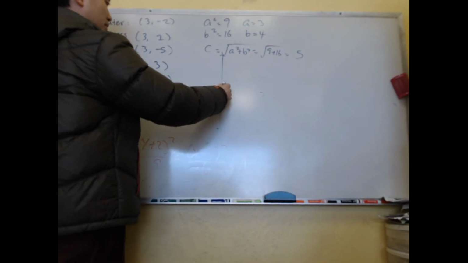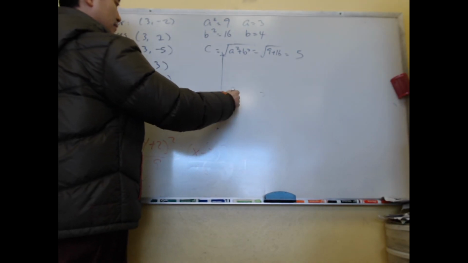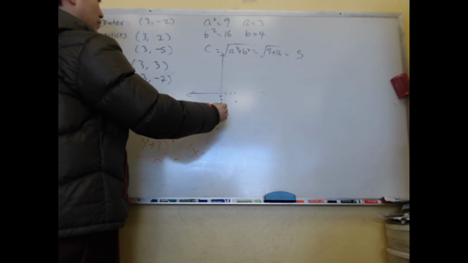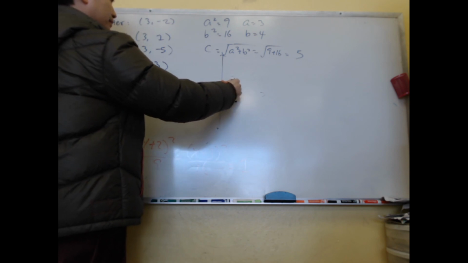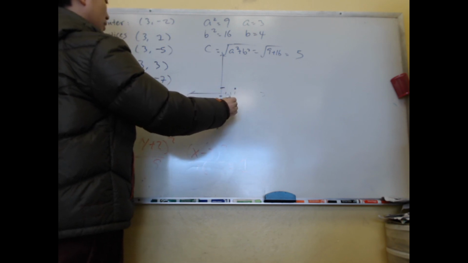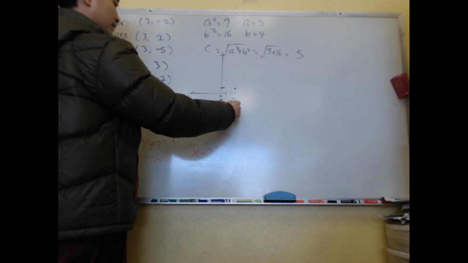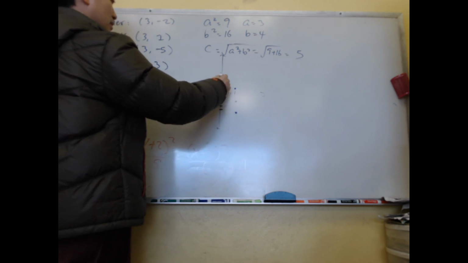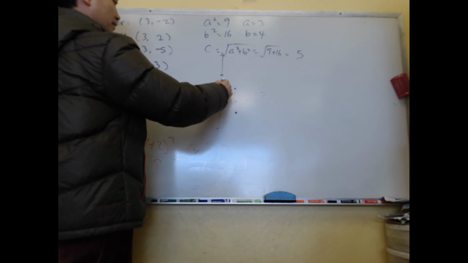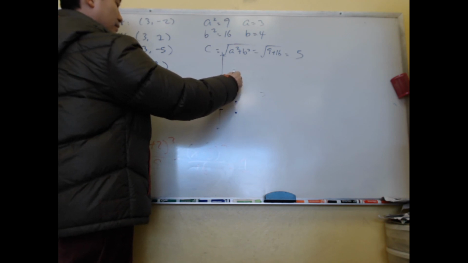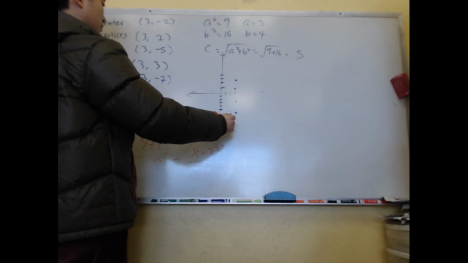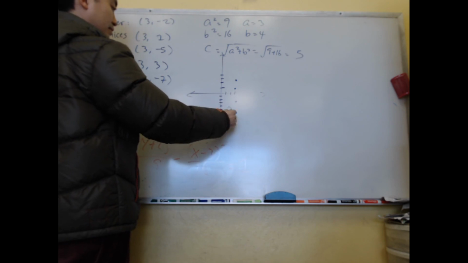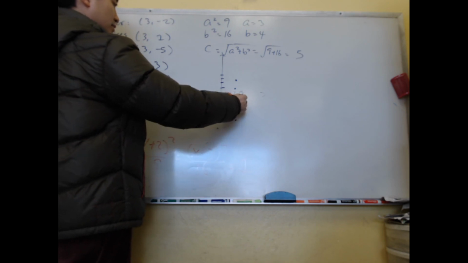So 3 comma negative 2, 3 comma 1, 3 comma negative 5, and then 3 comma 3, and then 3 comma negative 7. So here's the center.